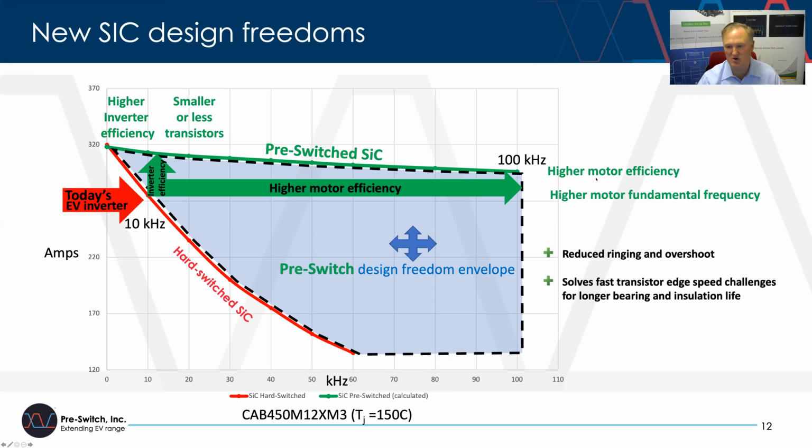And this gets you higher motor efficiencies. And it also enables you to have a higher motor fundamental, which gives you the option of having higher pole count motors. And that gives you a further increase in the power density within the motors themselves. So these new design freedoms are available for the engineer to choose how he wants to take advantage of them.